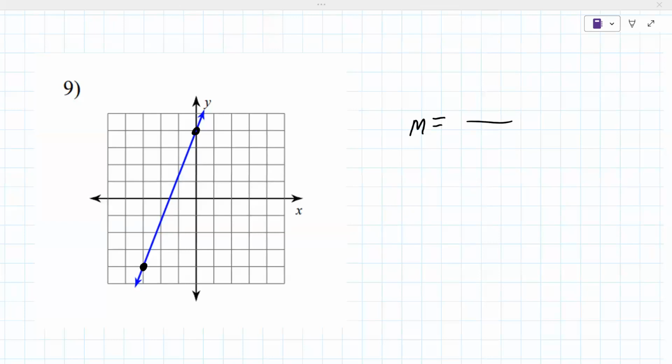Eight over three. Okay. 1, 2, 3, 4, 5, 6, 7, 8. Yep. Does this reduce? No, it does not. Good.